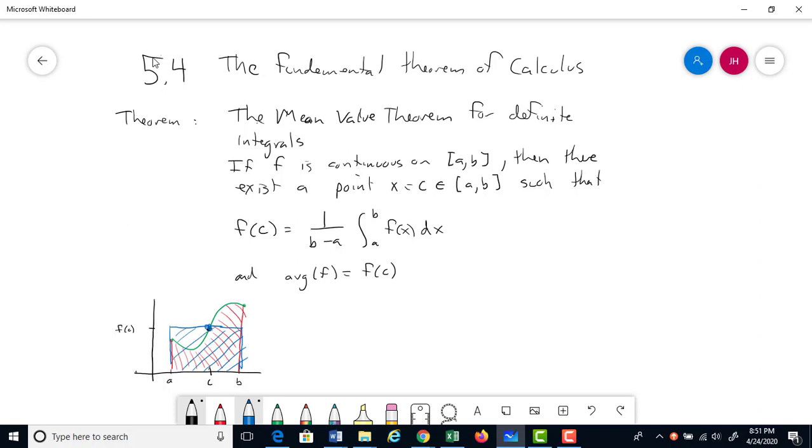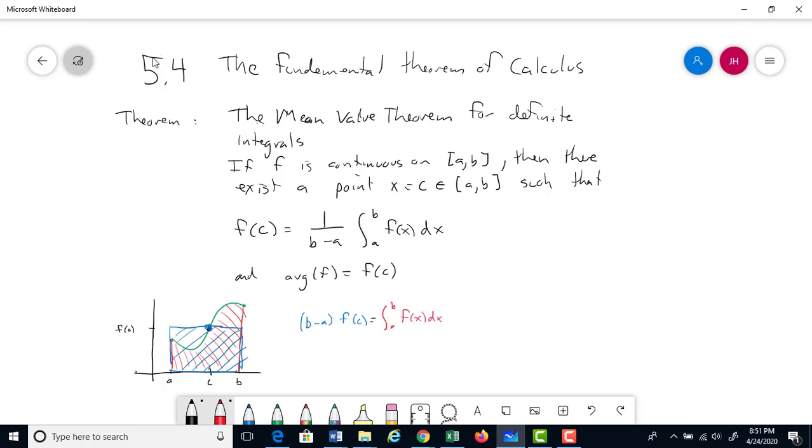So the blue area would be b minus a, the width of this rectangle, multiplied by f of c. And that would be equal to the integral from a to b of f of x dx.